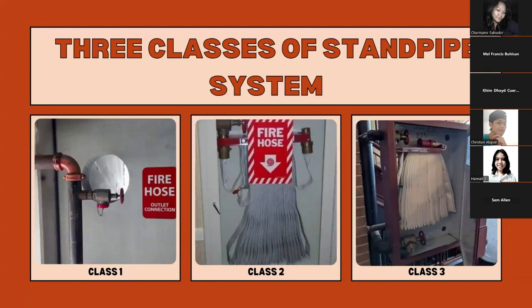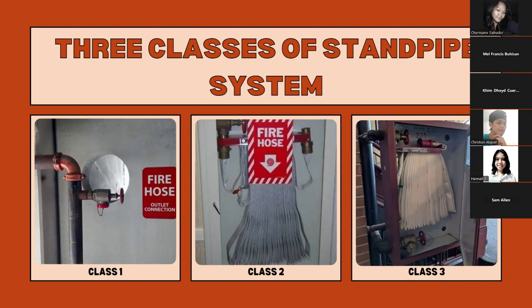It's typically found in high-rise buildings and other structures where a large volume of water is needed for fire suppression. Class 1 standpipes are critical for providing a reliable and efficient water supply for firefighters to combat fires in large and complex buildings.